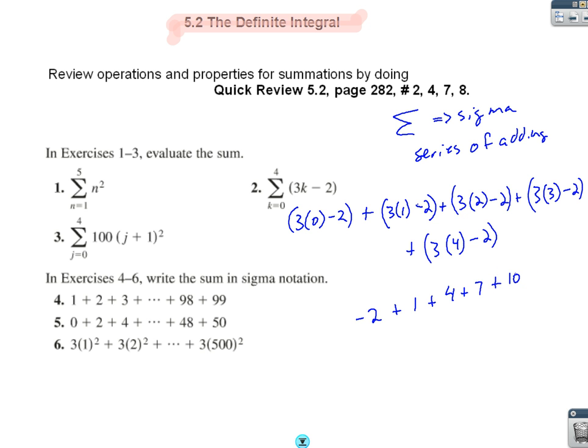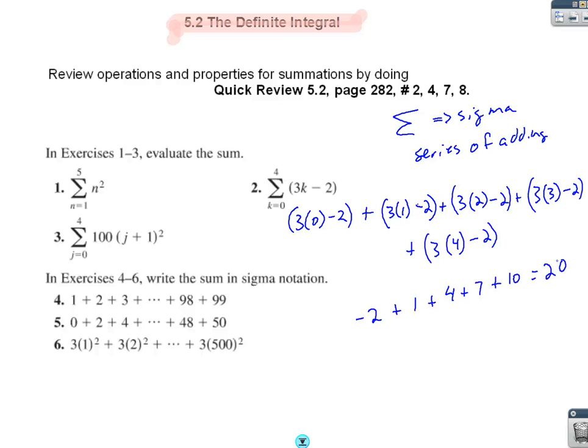And then I add them up to get 20. And that's it. That's how sigma notation works as far as being able to evaluate the sum. You'll be doing the other two on your own for homework.